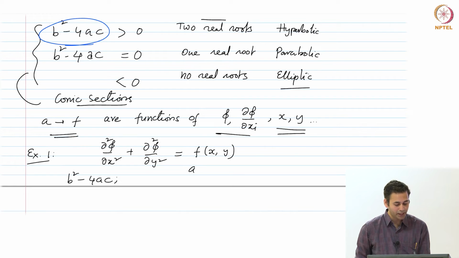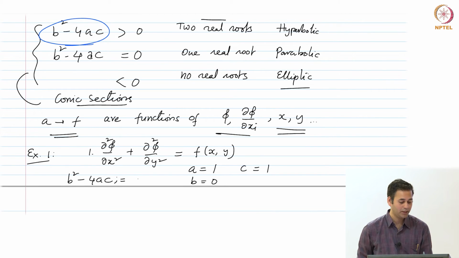To begin with, what is a? A would be 1 because that is the coefficient here. What would be b? B is 0 because you don't have a term of mixed derivative, partial squared phi by partial x partial y is not there, so b equals 0. What would be c? C is 1, so what is b squared minus 4ac? Minus 4, okay, this is less than 0.